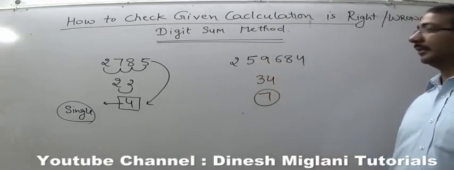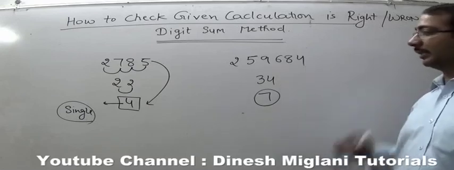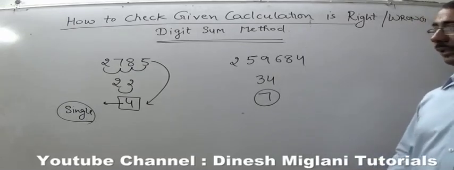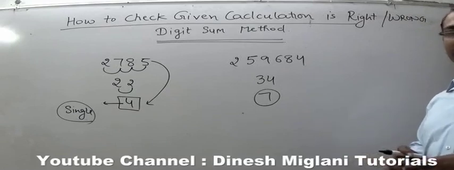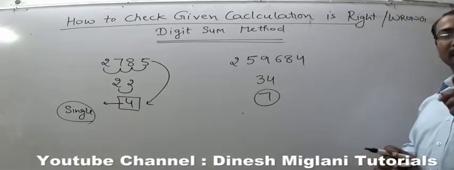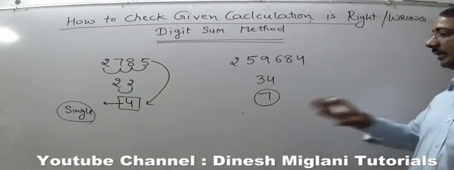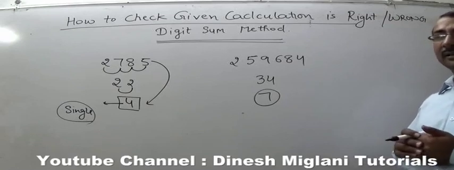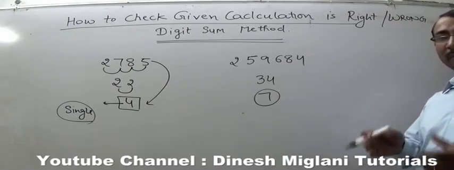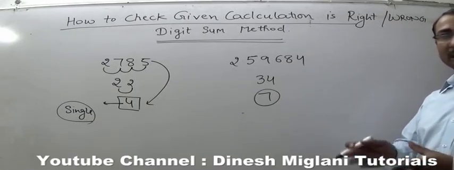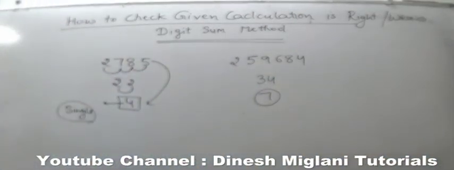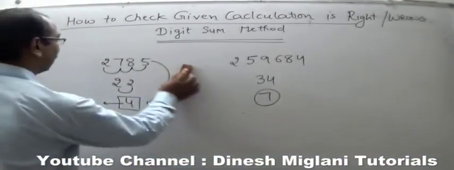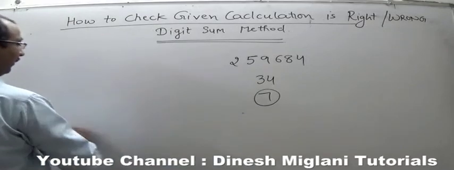So I can say that the digit sum of this big number is 7. The first thing required to answer these varieties of questions is understanding what the digit sum is. I hope you are now clear about the concept of digit sum. Now we see how we apply this technique in checking our calculations.